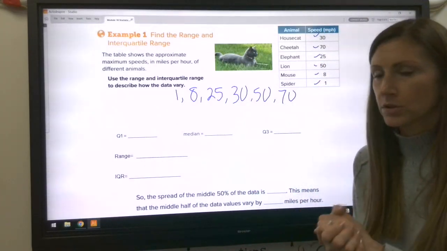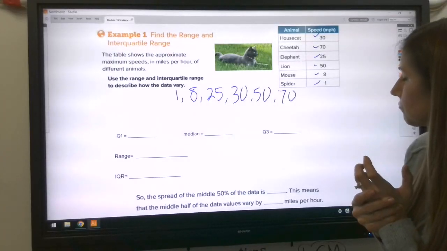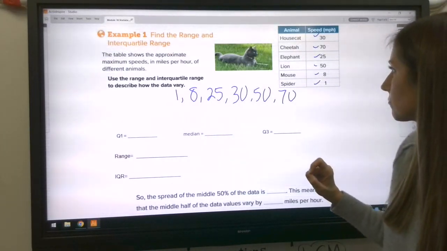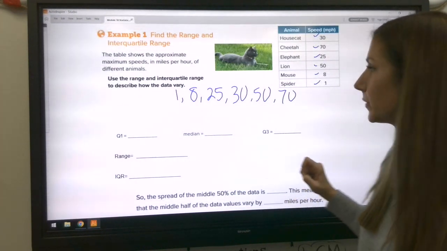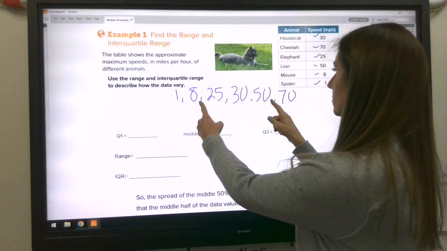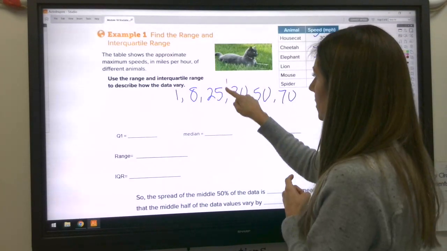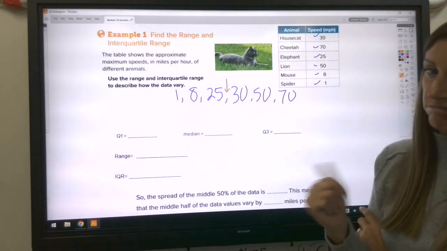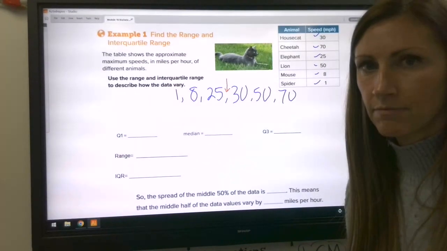All right, so what do you think? We don't have a number right in the middle, do we? So, tied. What's in the middle of 25 and 30? What are you gonna do to figure that out?